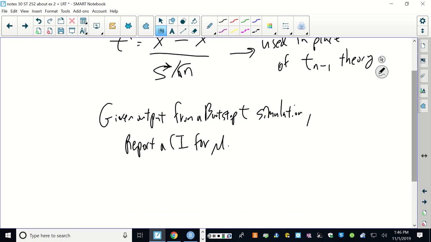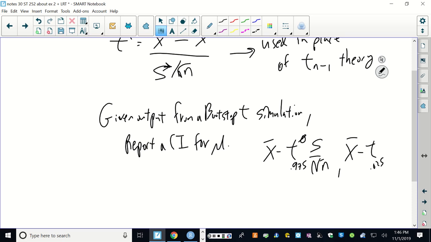Right? So that was with x bar minus the 0.975 point of this t star distribution, up to x bar minus the lower one, 0.025, which would be negative. So it's like adding something there, right? s over the square root of n.